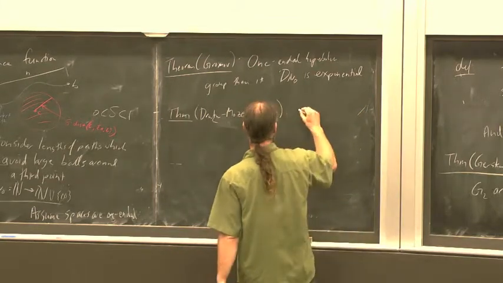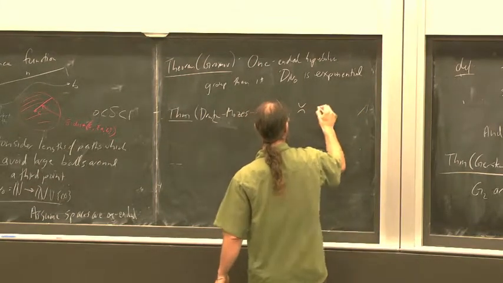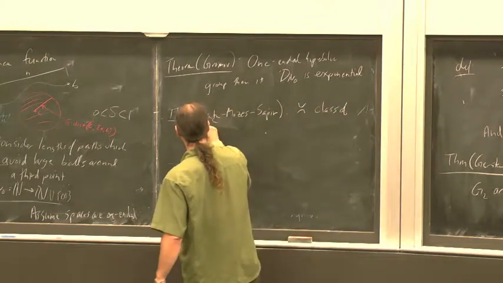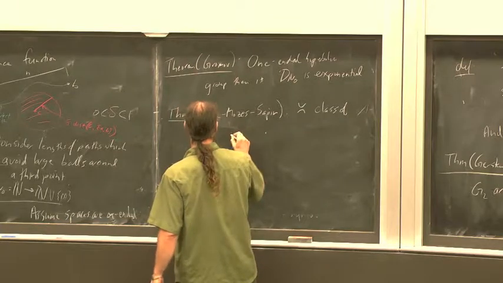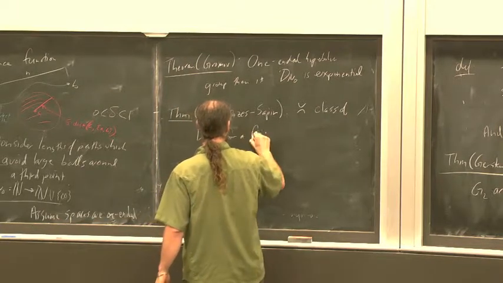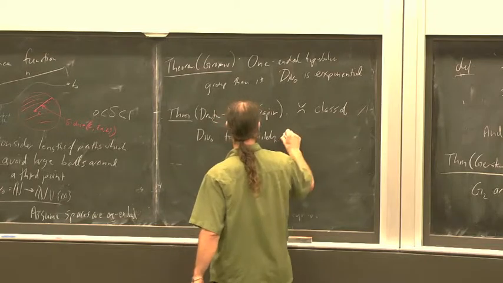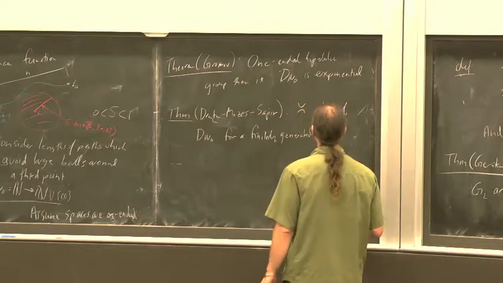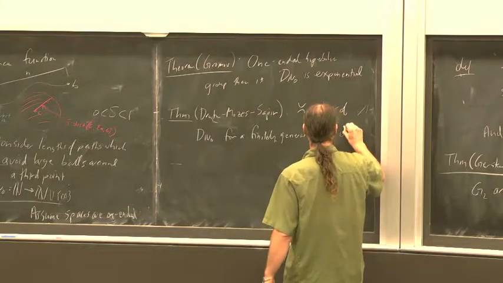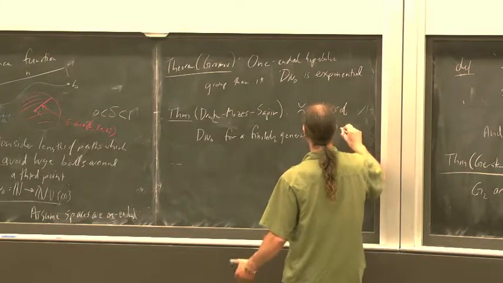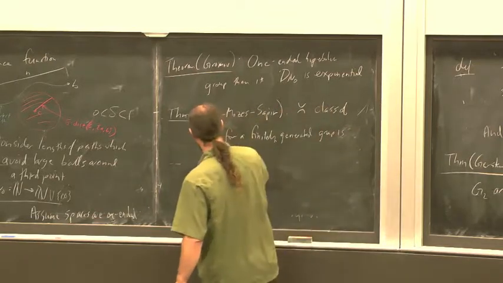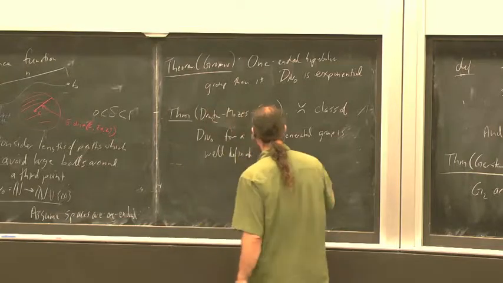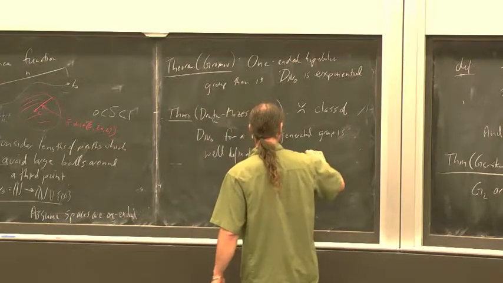So they proved that the asymptotic class of div 0 for a finitely generated group is well defined and is a QI invariant, a quasi-isometry invariant.